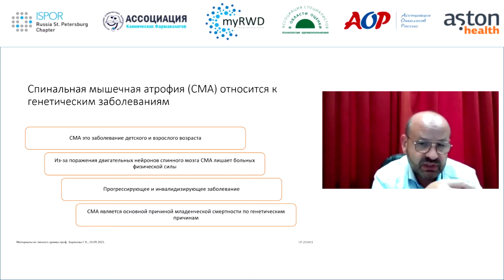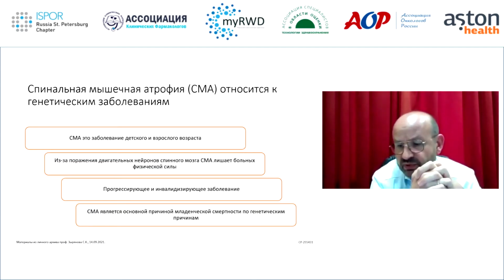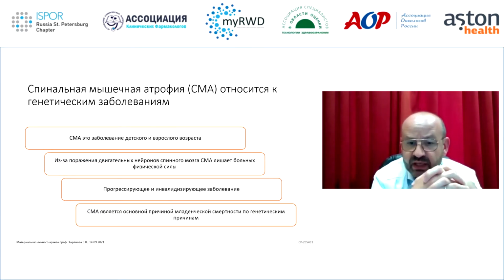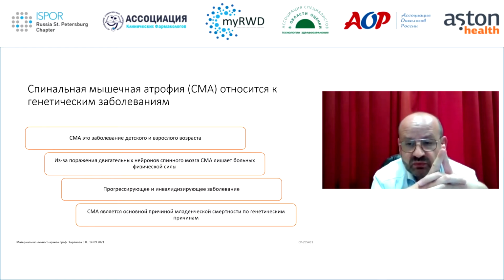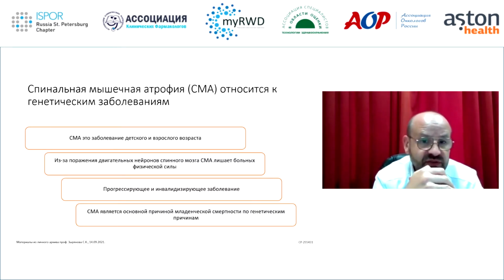SMA is a very rapidly progressing disease leading to severe disability because the neurons of the spinal brain are damaged, and in this case, the patient cannot manage his skeleton and muscles.